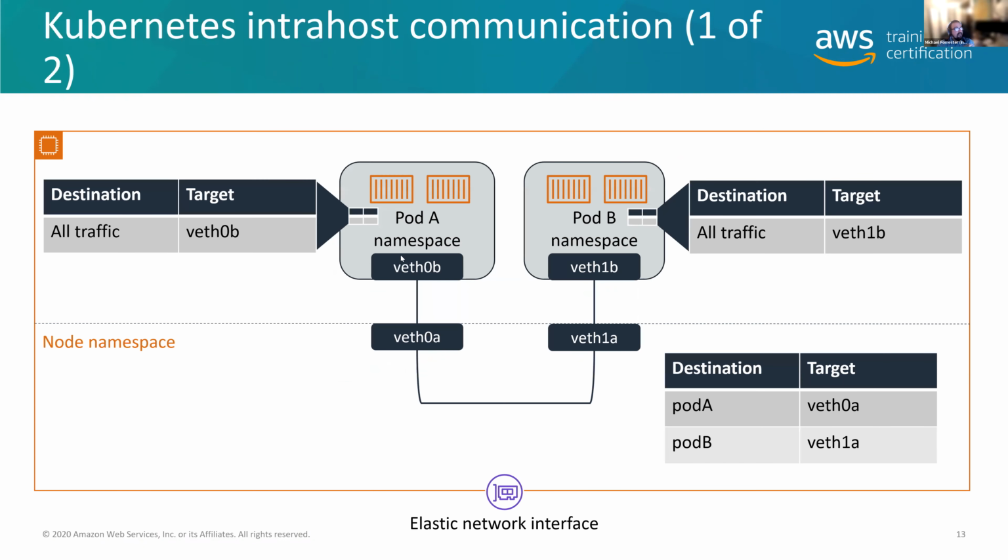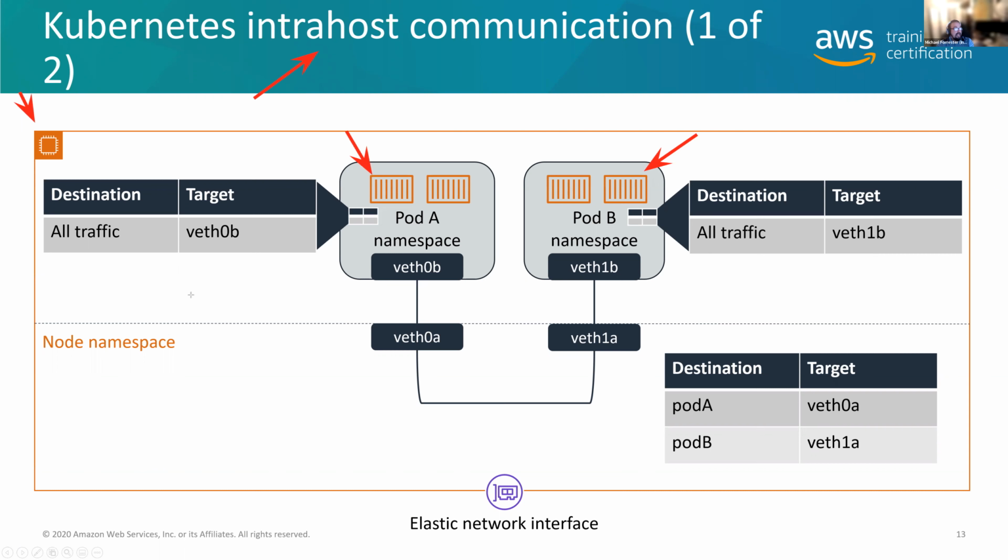Now, let's say we're on the same host, all right? So this is one box right here. So this is intra-host. And you've got a container up here who wants to talk to a container up here.